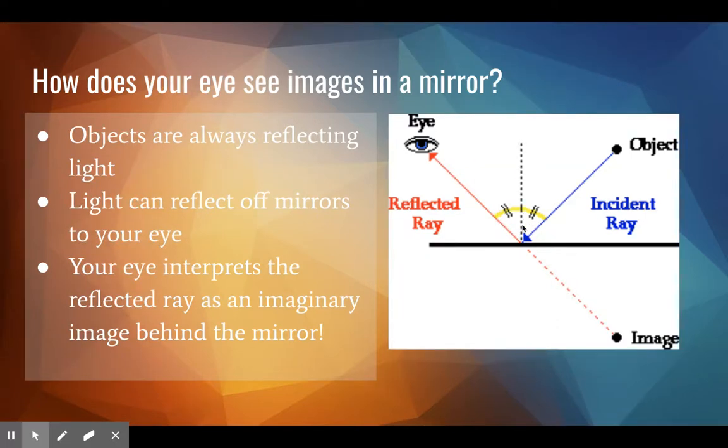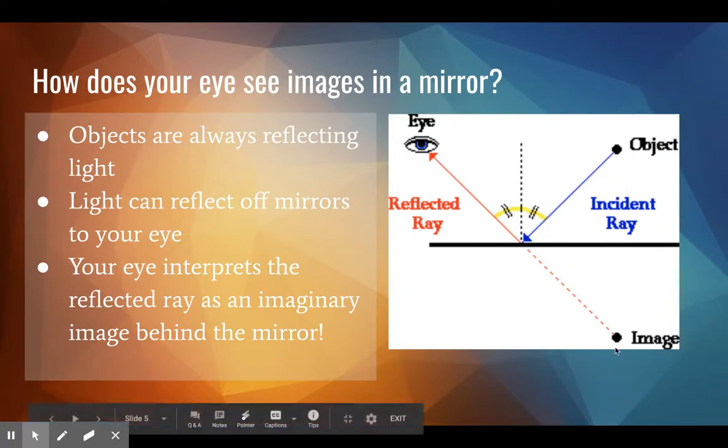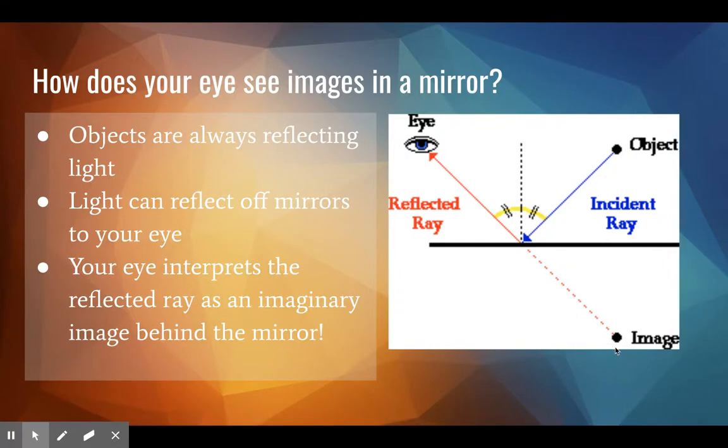And if we drew a line perpendicular to the mirror, these 2 measured angles would be the same. And our eye perceives the image as being directly behind the object in front of the mirror. So this can get a little bit complicated, and that's why we're doing a lab to help us understand reflected and incident rays.